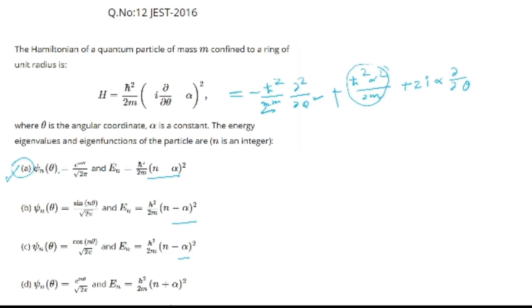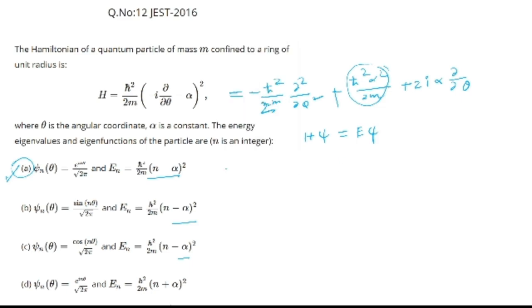Let's take option A. We have the wave function psi n of theta. Then H psi equals E psi, where H is this and psi is e to the power i n theta by root 2 pi.